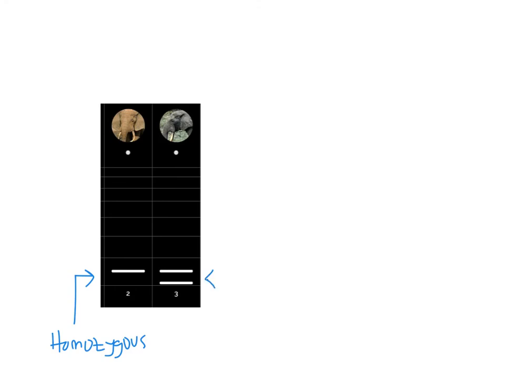But this guy is heterozygous, and he's going to show 2 bands. So, of course, you can't identify an elephant just by one STR, because most of them are going to fall into a range of like 5 to 6 to 7 to 8 or whatever. They're going to be kind of in a certain area, and quite possibly there could be multiple elephants in the same population that share the same length and are either heterozygous or homozygous.